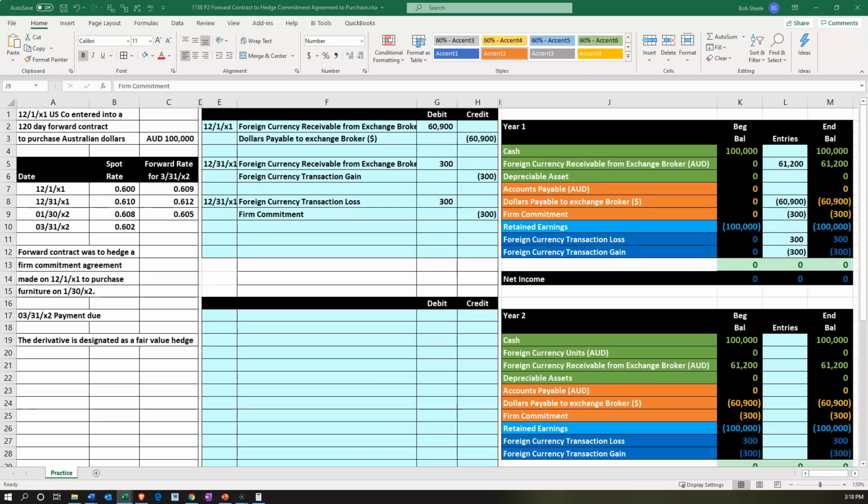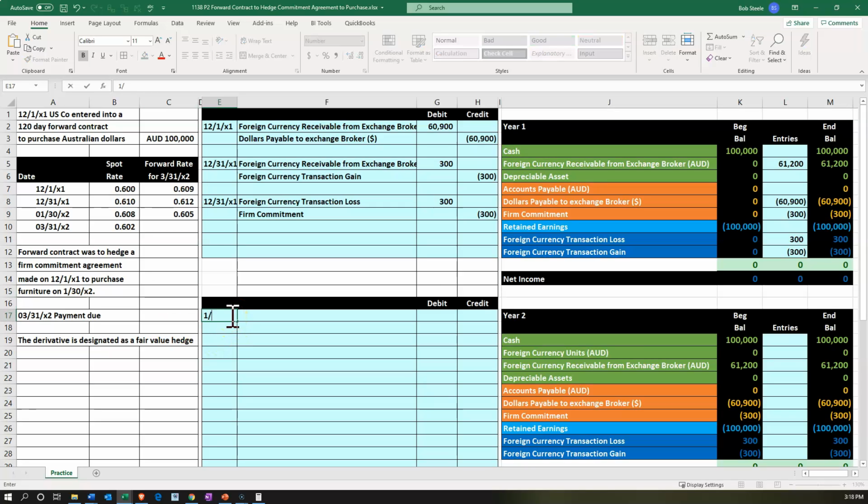Okay, so the next thing that happens, if we go to the next year, is that we now have the purchase taking place. The purchase takes place on January 30th, but it's a purchase on account. So we're not actually going to pay for it on January 30th. We're going to pay for it on March 31st, but we're going to record the actual depreciable asset at this point in time.